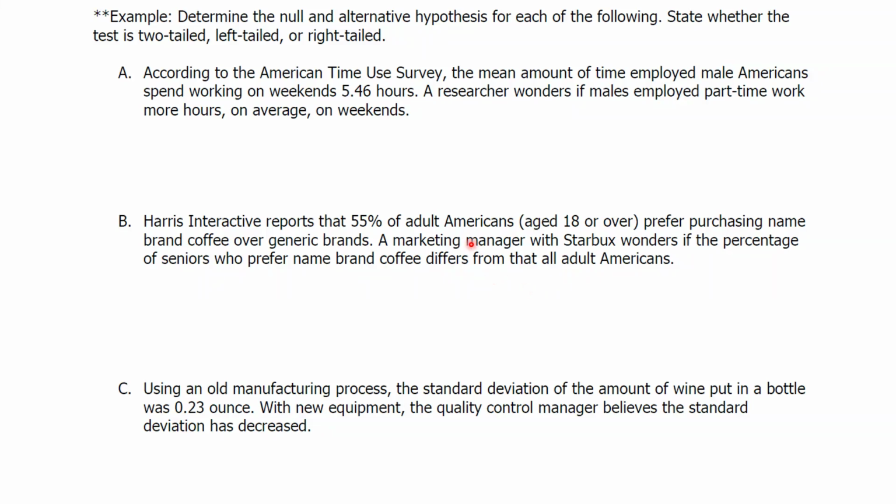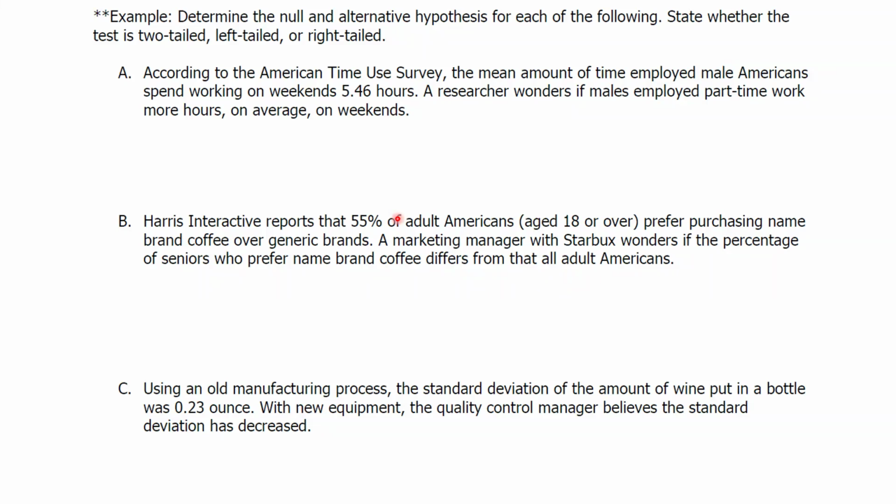Okay. So in this example, we're asked to determine the null and alternative hypotheses for each of the following, and then state whether the test is two-tailed, left-tailed, or right-tailed. So in the first one, according to the American Time Use Survey, the mean amount of time employed male Americans spend working on weekends is 5.46 hours.